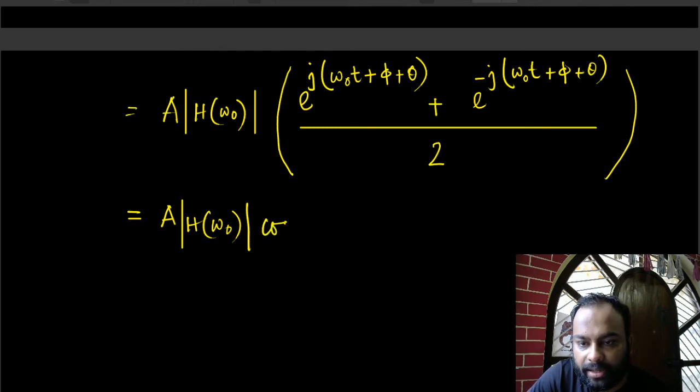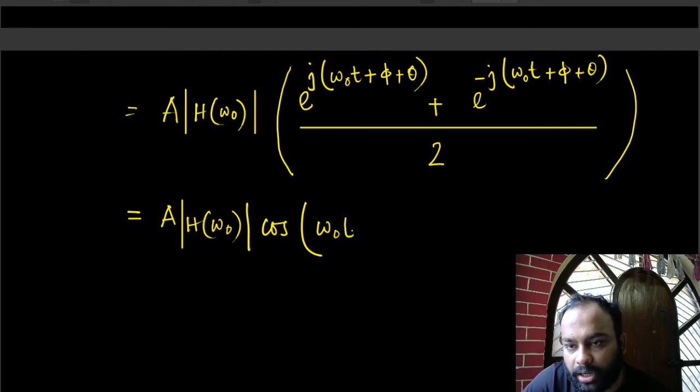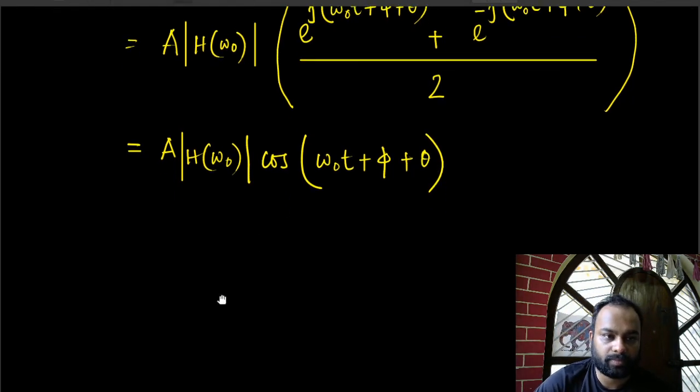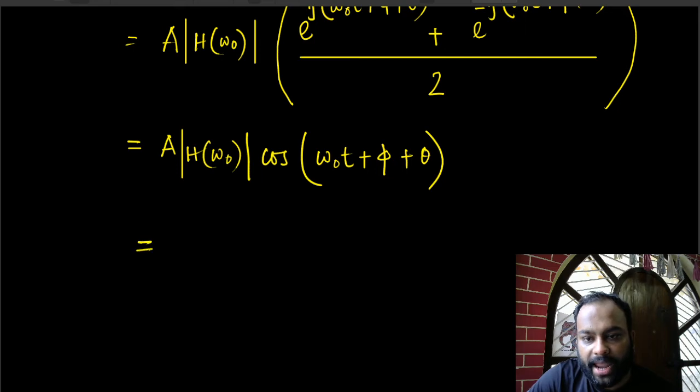What is that? That's cos, and here this is the entire thing, omega naught t plus phi plus theta, right? So again, what is theta?